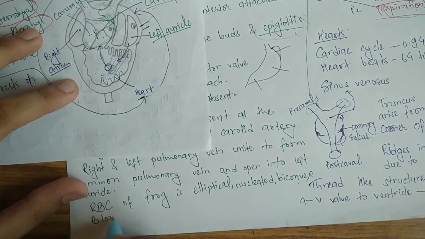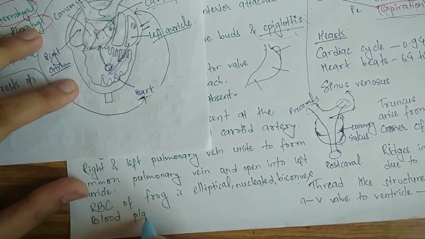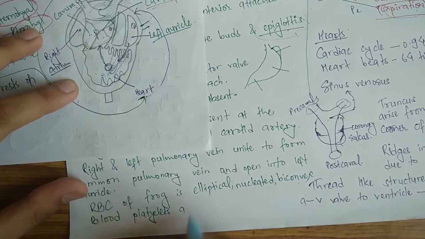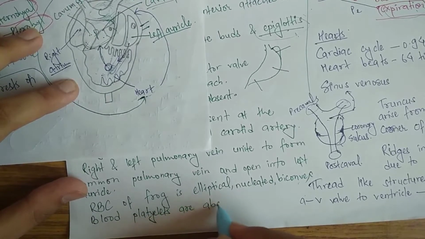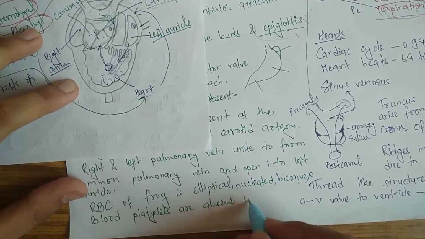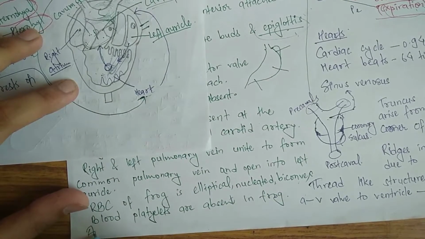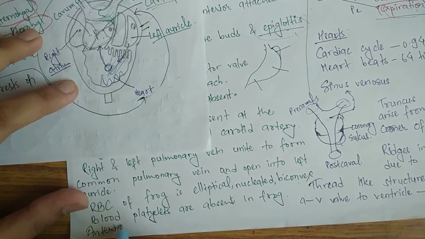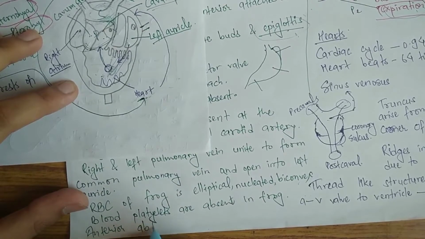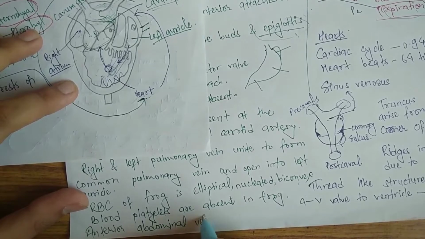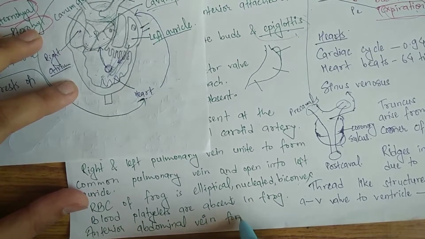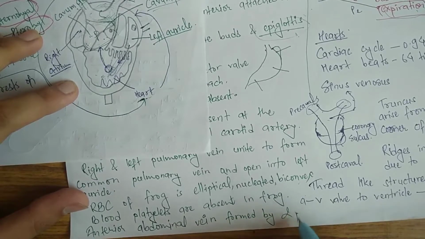Blood platelets: platelets are absent in frog. Anterior abdominal vein, absent in humans, formed by two pelvic veins.